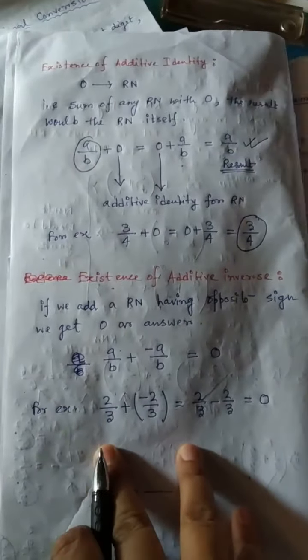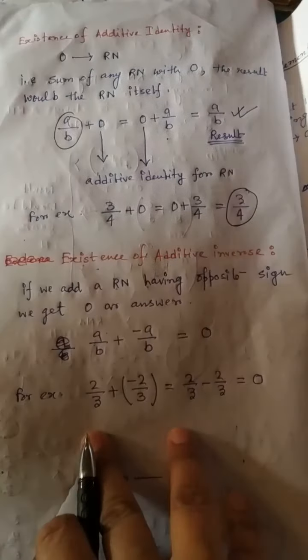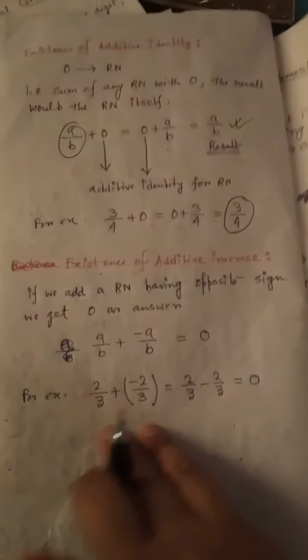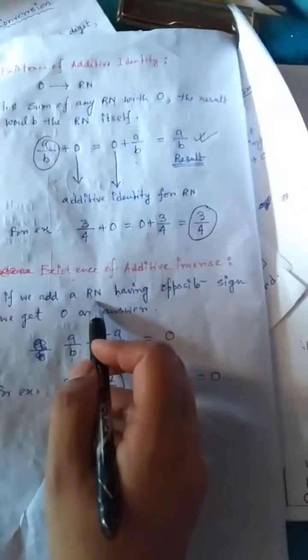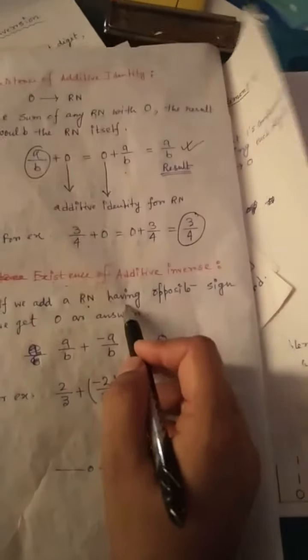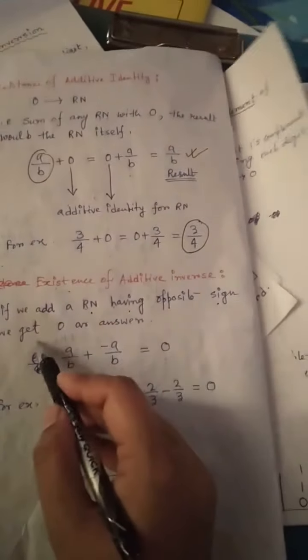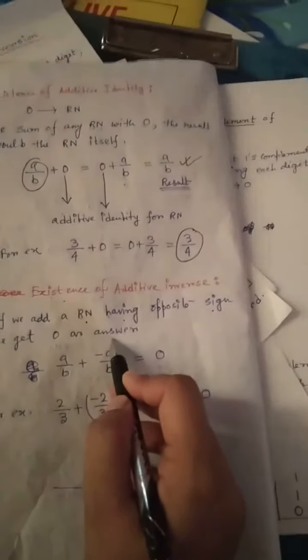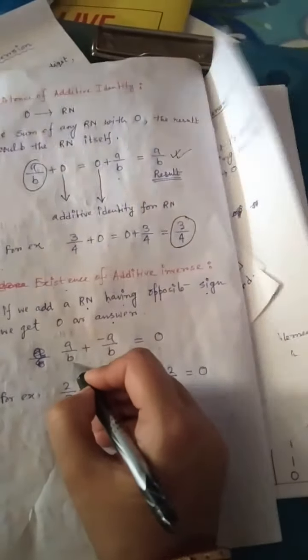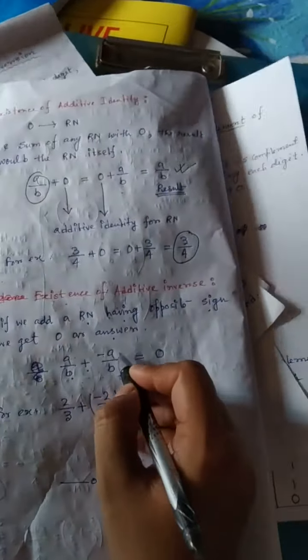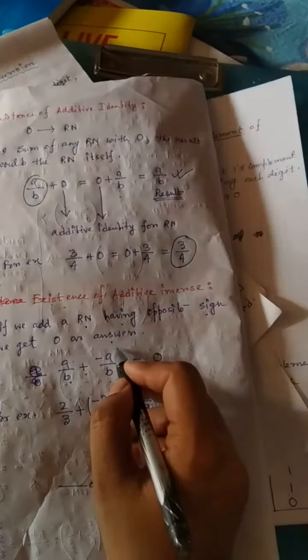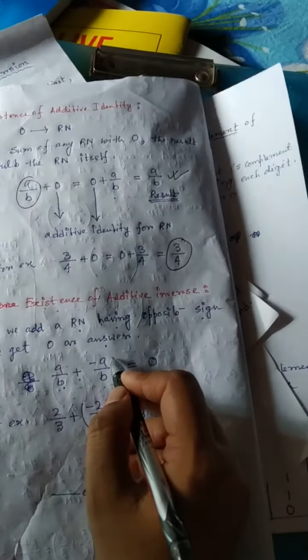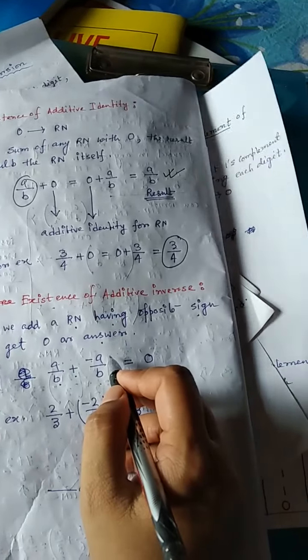Now the last property is existence of additive inverse. Now what is this? If we add rational numbers having opposite signs, we get 0 as the answer. That means a by b plus minus a by b. Both rational numbers are the same, but they have opposite signs.